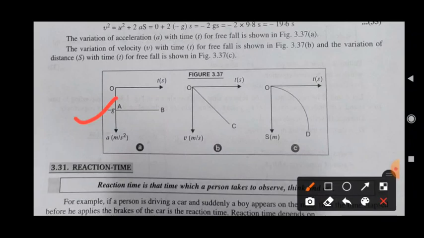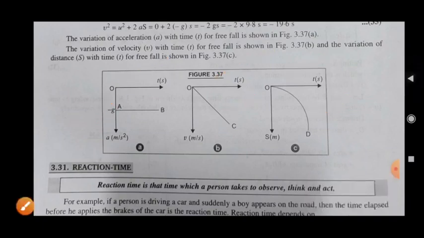For the second case, this is the velocity time graph for the free fall. So this is the same graph actually, but it is in velocity and time, and this is in distance and time. So for all these three graphs, this is the position time graph, this is the velocity time graph, this is the acceleration time graph, and all three graphs are for the free fall case.